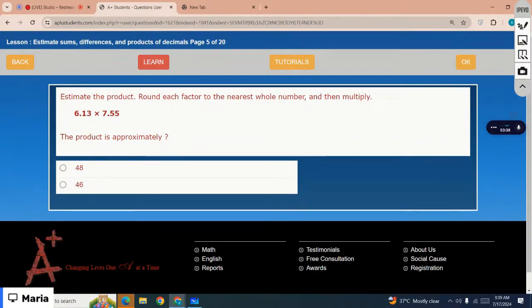Okay, estimate the product. So which is the correct option? The correct option is option number 1, that is 48.